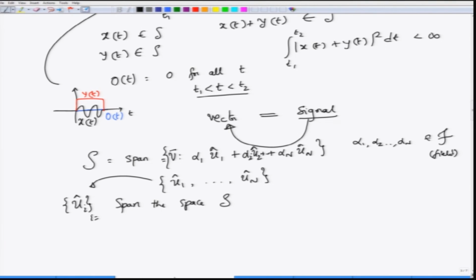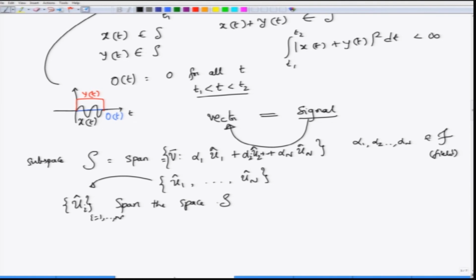Another convenient shorthand notation would be to write this as ui, with i equal to 1 to n. So, the set of vectors u1 through un span the space S, or what is called the subspace. If there is no confusion, I will be using subspace, but for our course subspace is actually equal to space S. We do not want to distinguish anything.